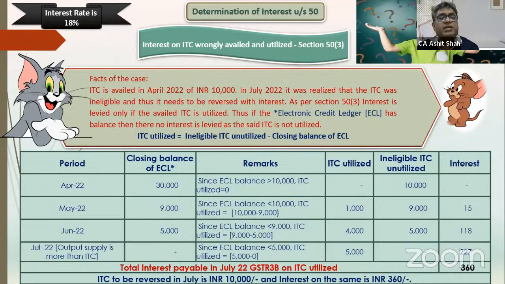Let me tell you, time and again in every lecture I say that if you want to file the return or follow the portal, there are two laws which exist in GST. One is the law which has been passed by the parliament, which is known as the CGST Act, SGST Act and IGST Act. Another law is the GSTN law, the portal law. Both portal law and actual law, in many aspects, differ from each other.